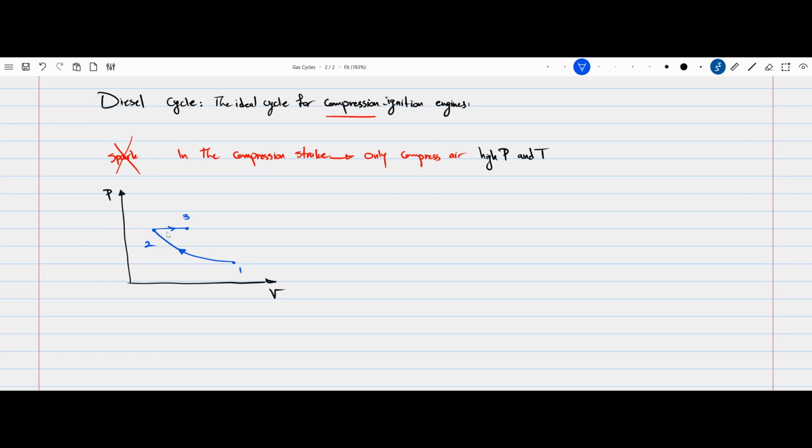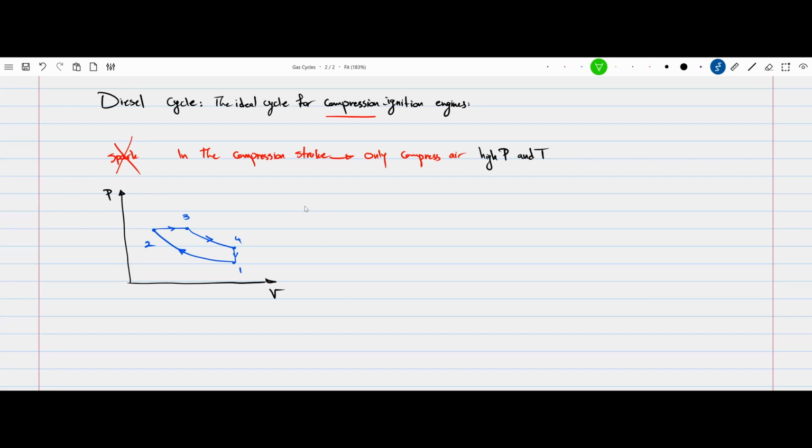When that is done, when the heat addition is done, the rest of the expansion happens just like the Otto cycle, an isentropic expansion, and we reach point 4, and after that is just a constant volume heat rejection, or as we know from practice, this is when the exhaust leaves the cylinder. So the only difference between an Otto and a diesel cycle is that process 2 to 3, which is the heat addition process, is now constant pressure.